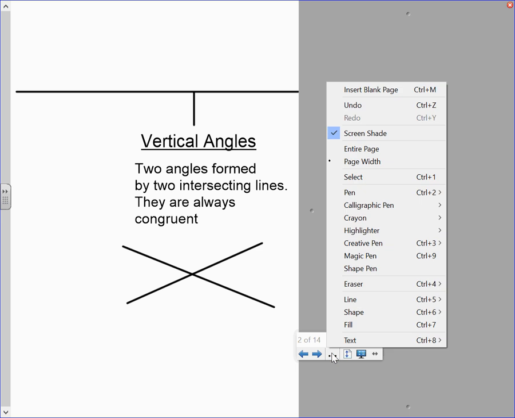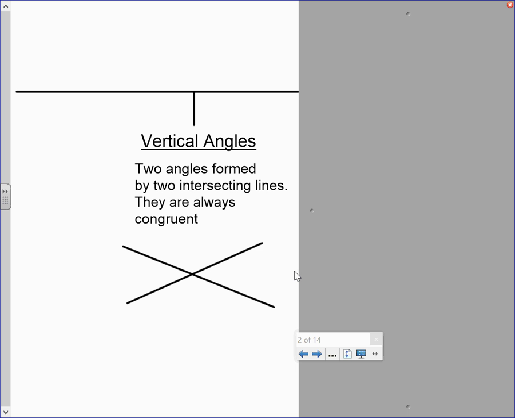So we're going to draw two lines intersecting. These are vertical angles.